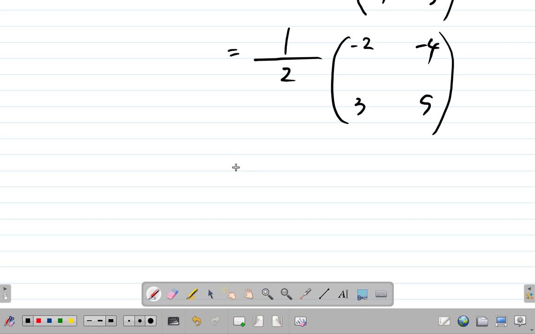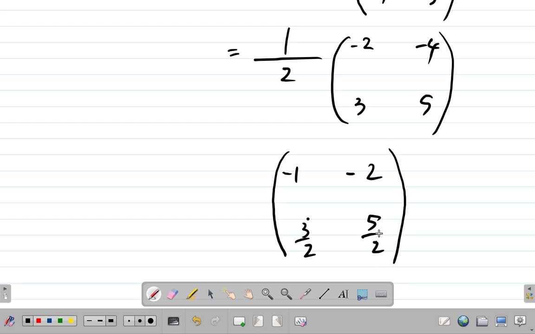So half times negative 2 is negative 1, negative 4 by half is negative 2, 3 by half is 3 over 2, and 5 by half is 5 over 2. Alright, so that is what I have there.